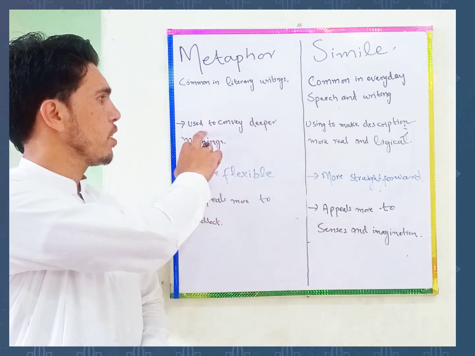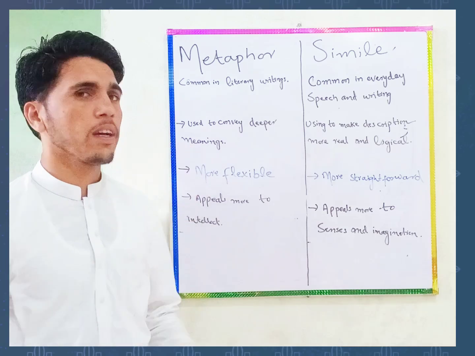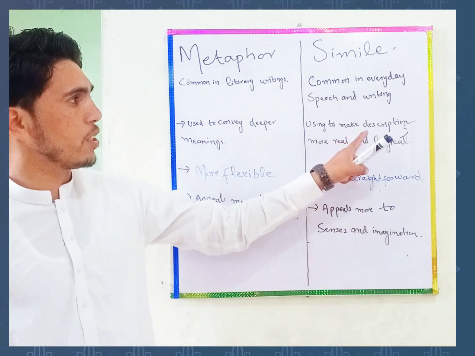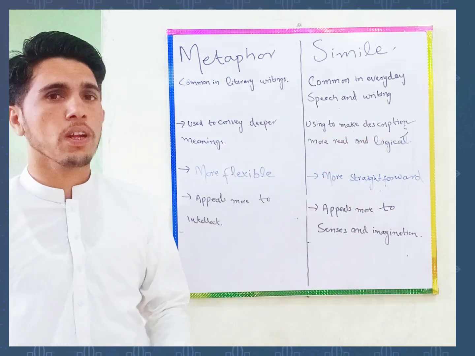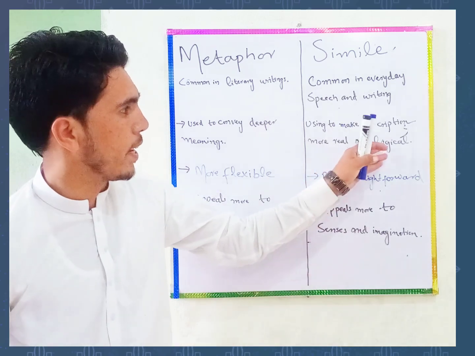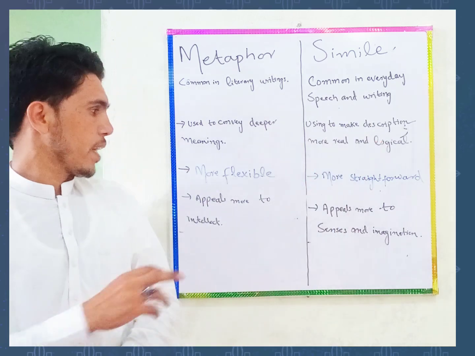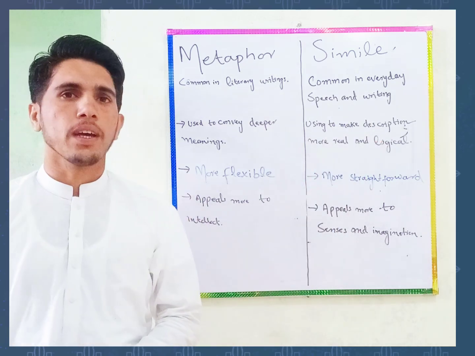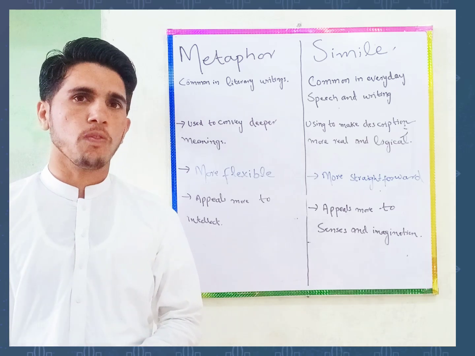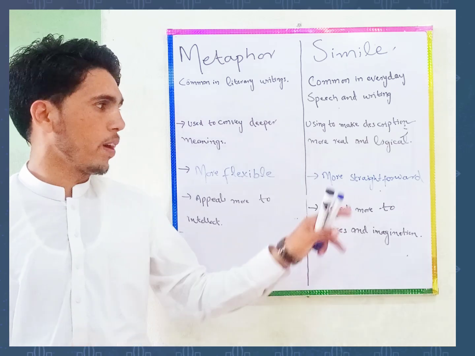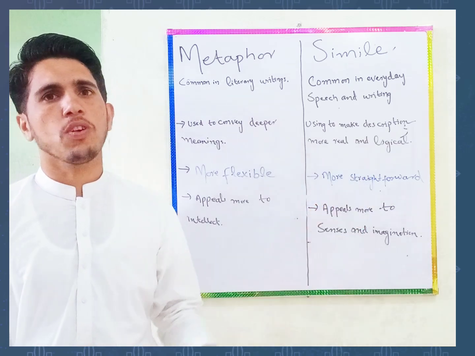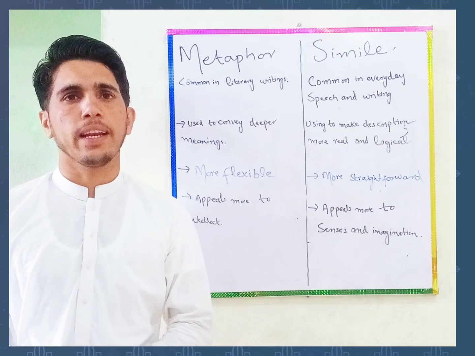So metaphor is used to convey deeper meaning, while on the other hand, simile is used to make description more real and logical. Another difference is that the metaphor is more flexible, while simile is more straightforward or less flexible.